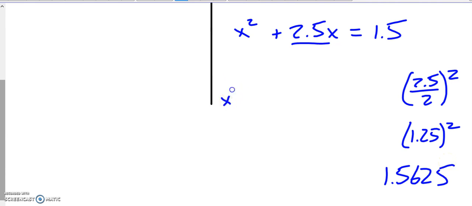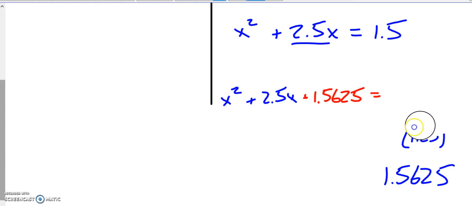So x squared plus 2.5x, here we'll use a different color, plus 1.5625 equals, I'm just going to do 1.5 plus that and see what we get. 3.0625.